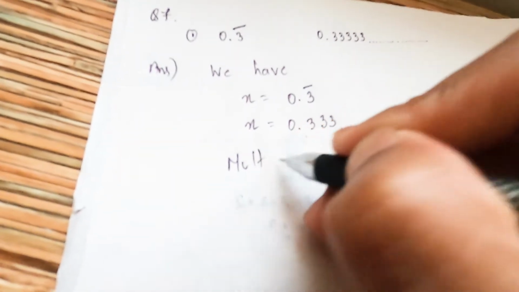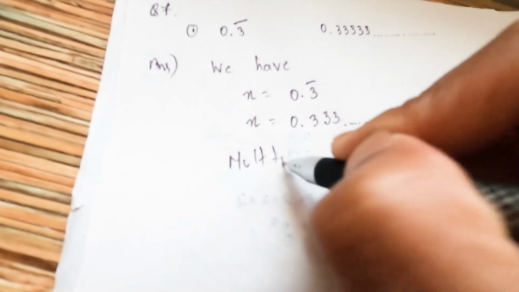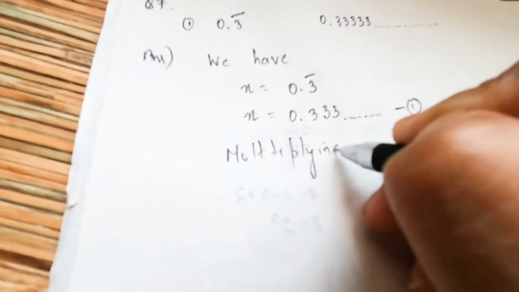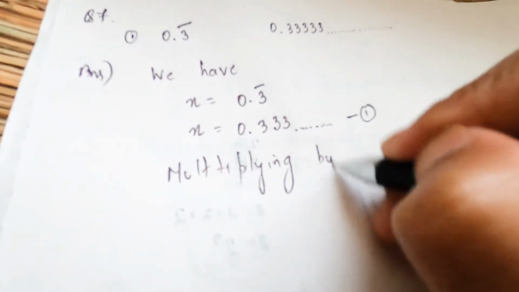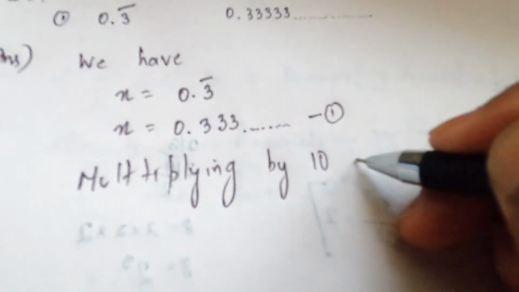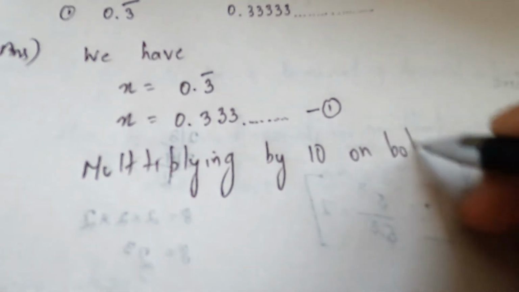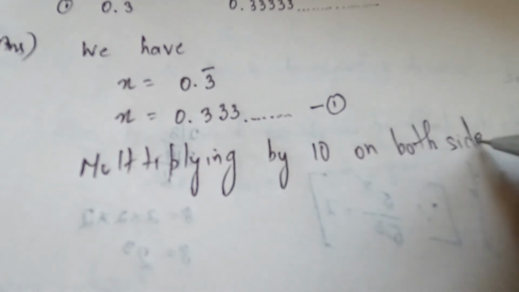So what we will do is multiply by 10 on both sides of equation 1.